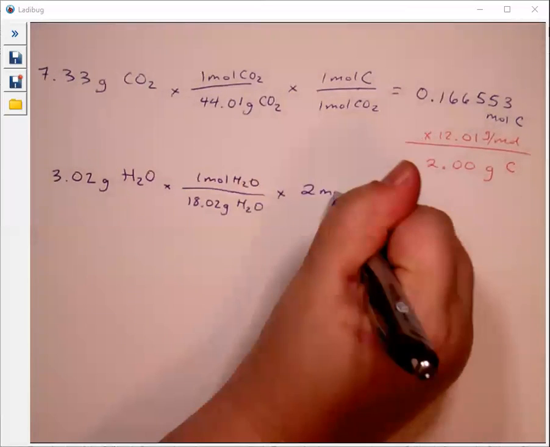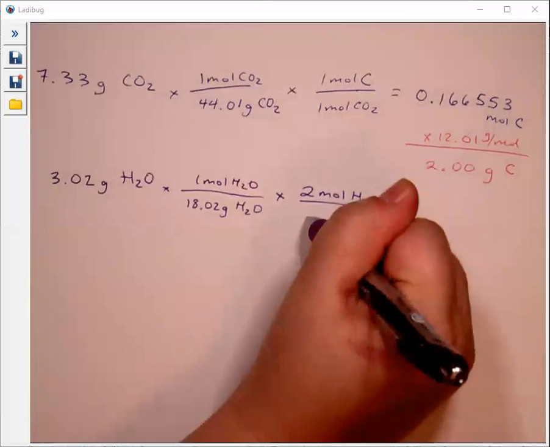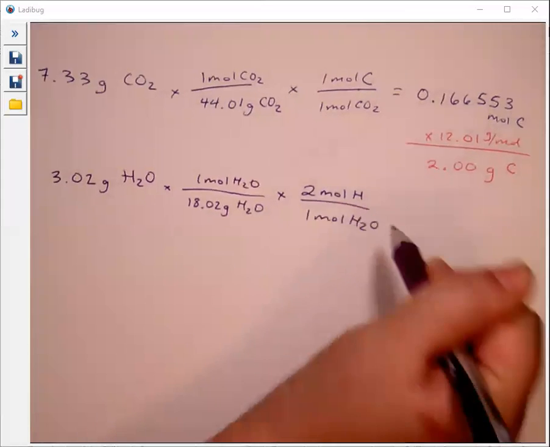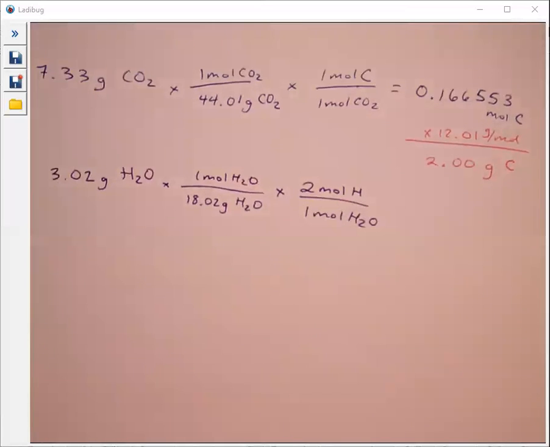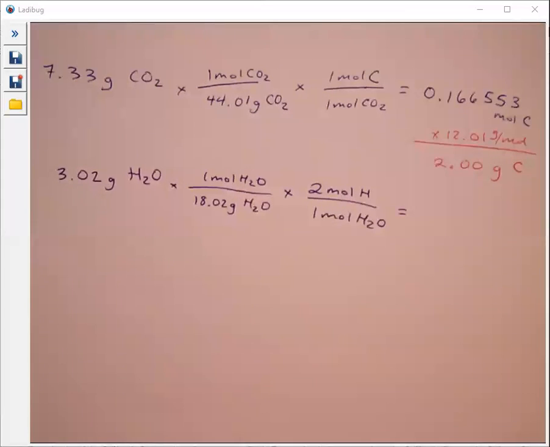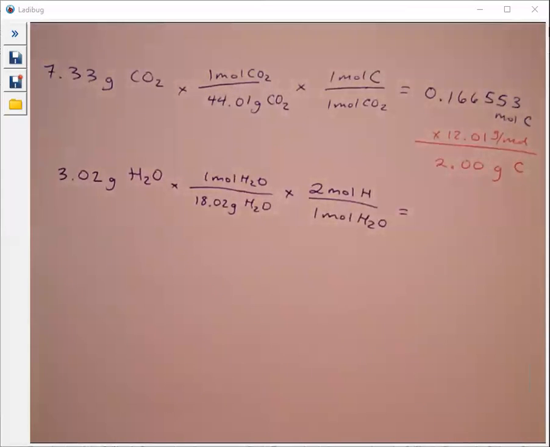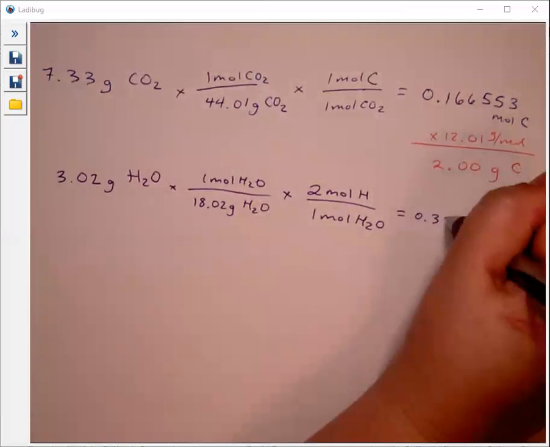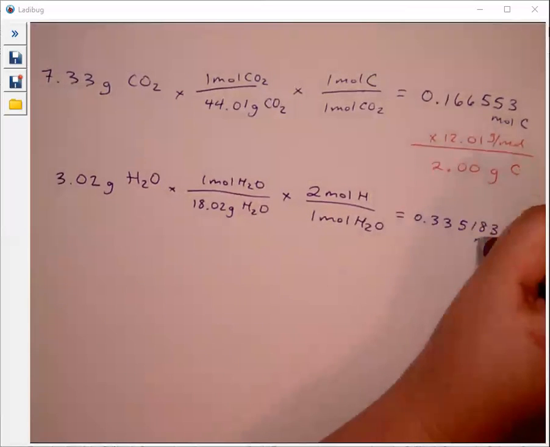There are 2 hydrogens in a water molecule, so the mole ratio is 2 to 1. And what we'll get if we run this through is 0.335183 moles of hydrogen.